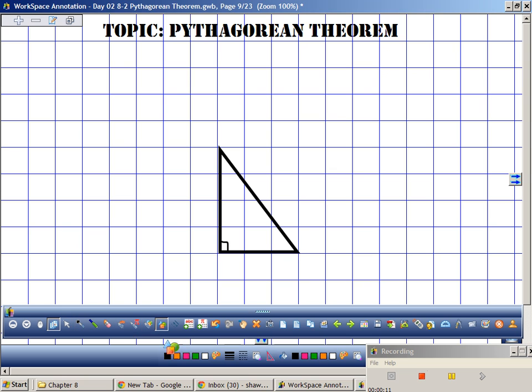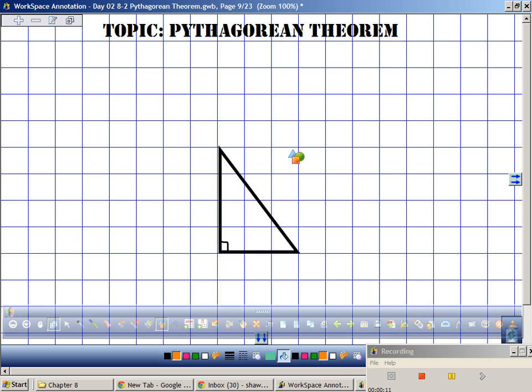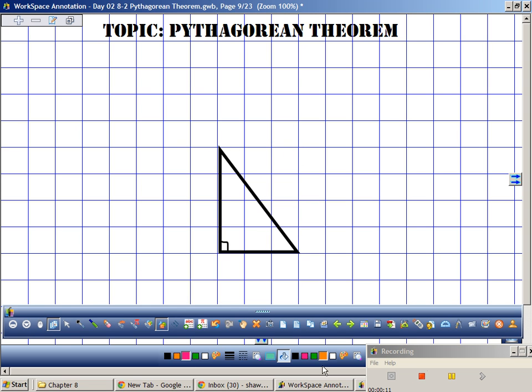Let me change this real quick. This side has a length of 1, 2, 3, 4.